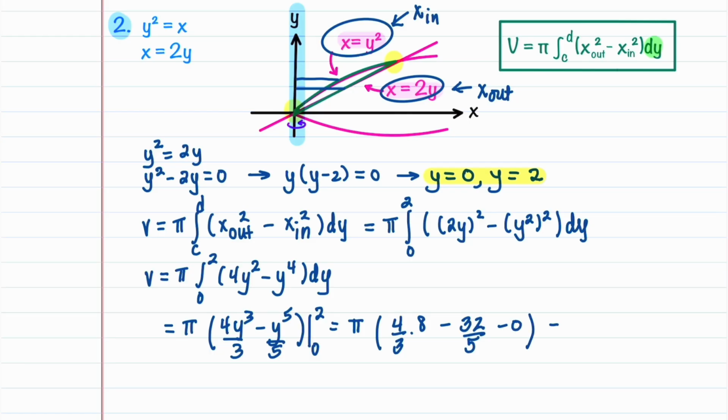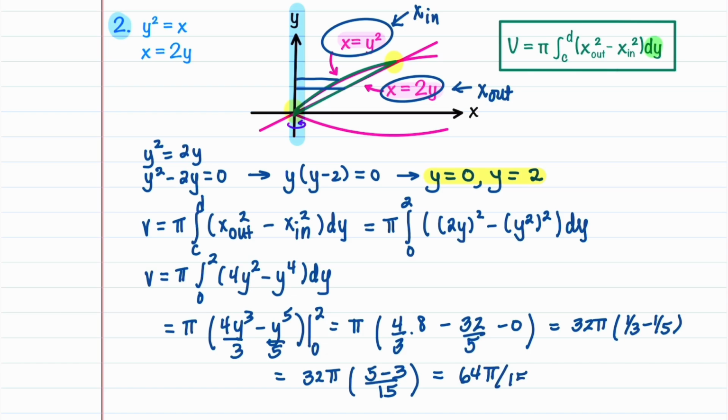To make this easier, let's pull out the 32, so we have 32 pi, and then we have 1/3 minus 1/5. If we get a common denominator of 15, this is going to be 5 minus 3 over 15. So 32 times 2 is 64, and this gives us 64 pi divided by 15.